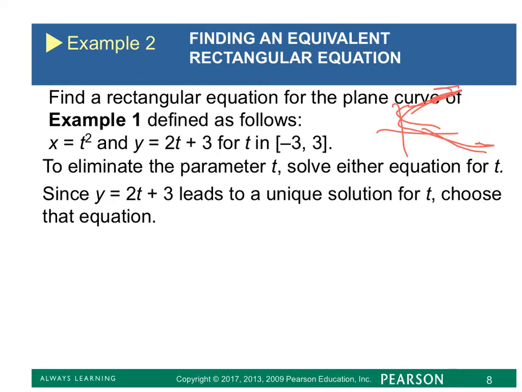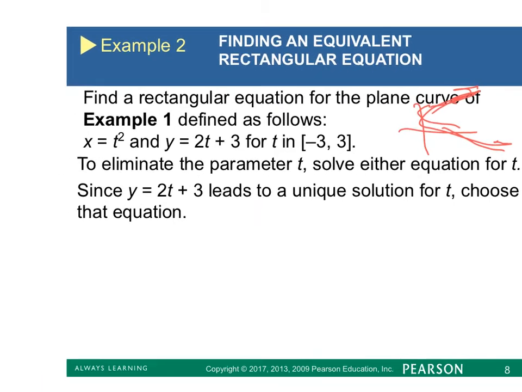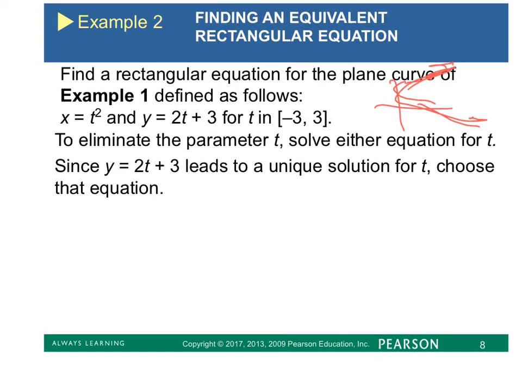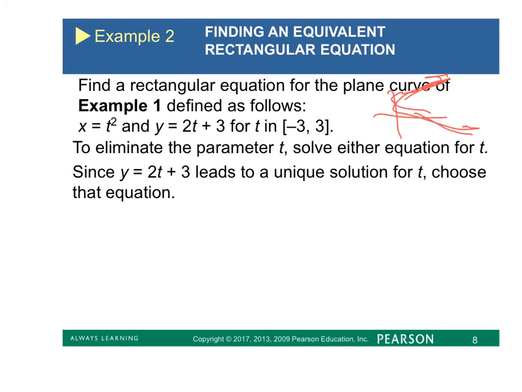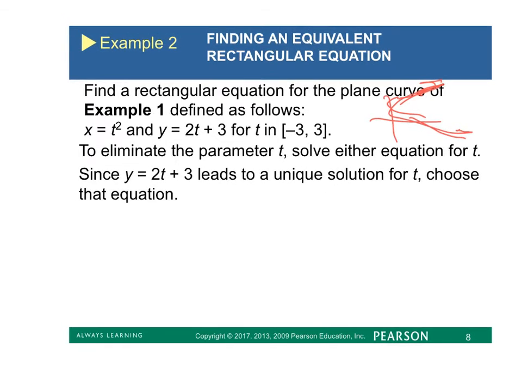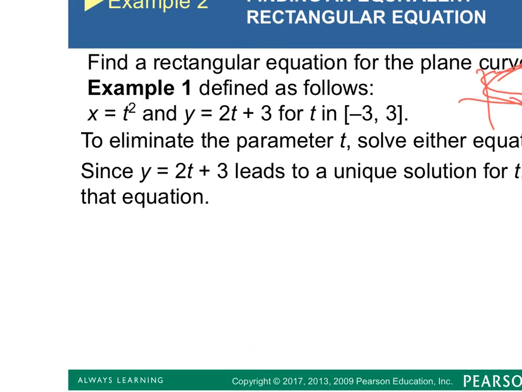The easiest way, and he's going to want us to do it, well, I'm just going to take my x equation or my y equation, whichever is easier to use, and solve it for t. So I could take this equation and find out what t is, or I could take this equation.